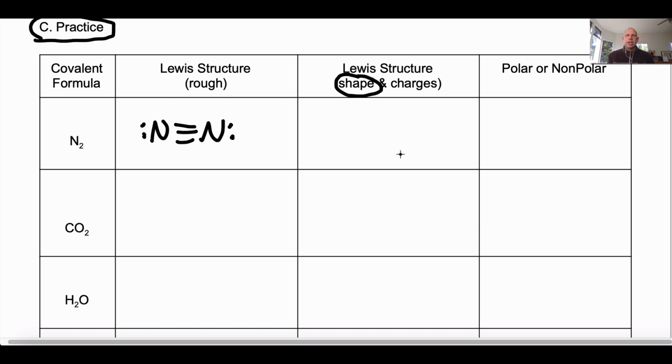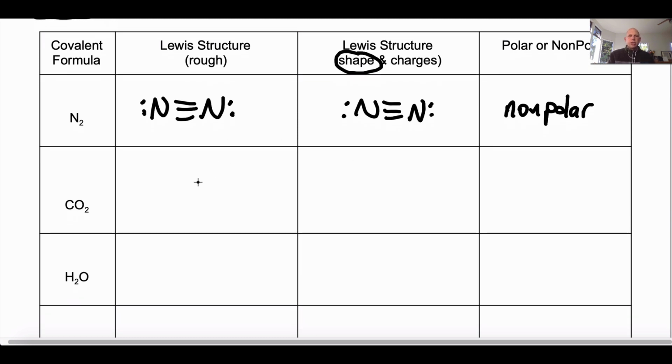We know that this is linear. Because both of these atoms pull in opposite directions with the same pull, there are no partial charges here, and this molecule is non-polar, meaning it's not being pulled in any specific direction.